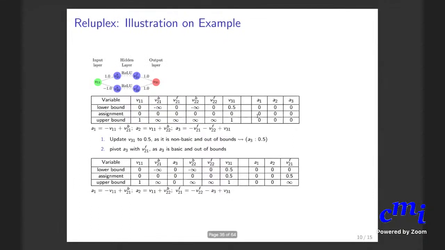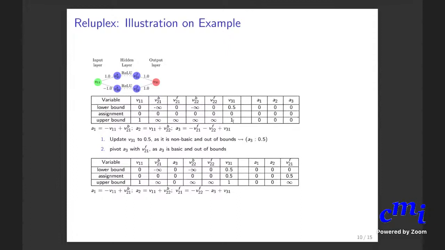So what this does is you're fixing it at 0.5, but as a result A3 gets violated.